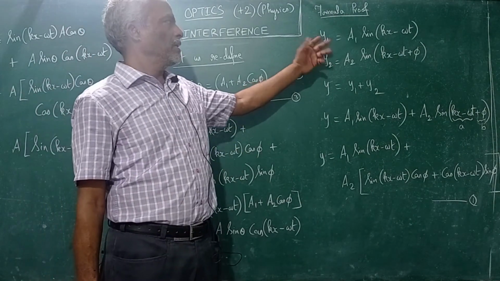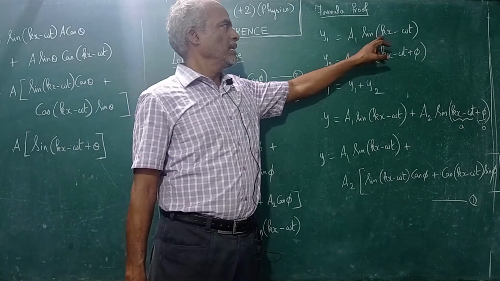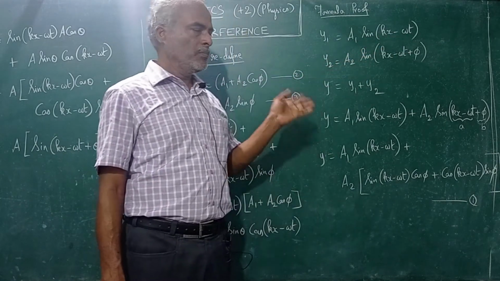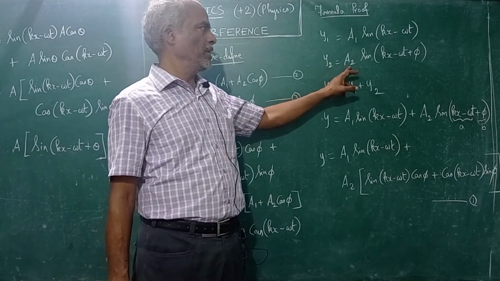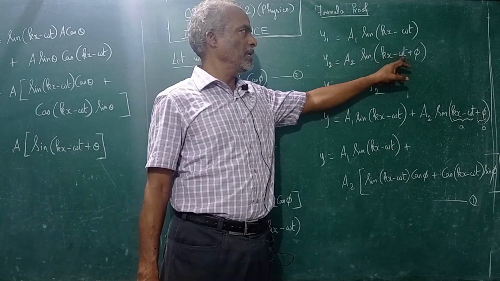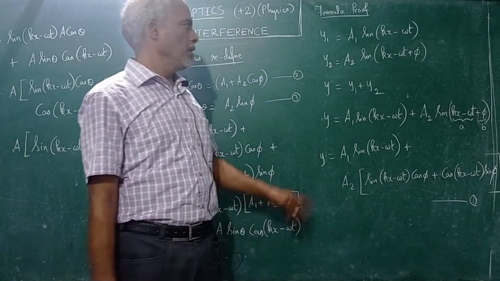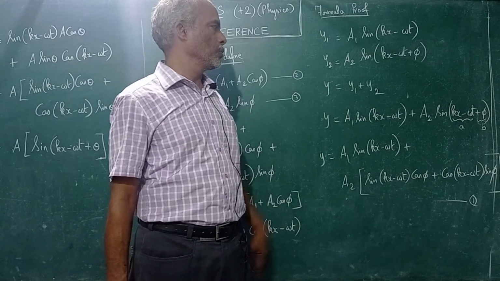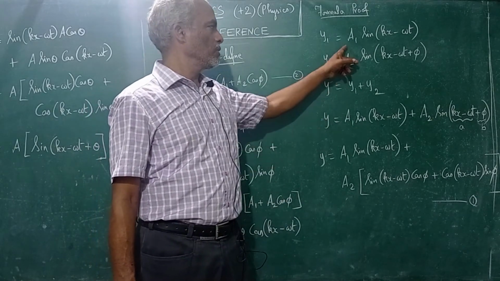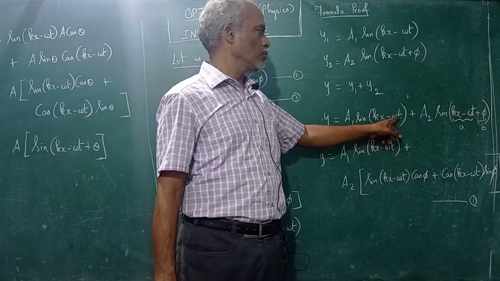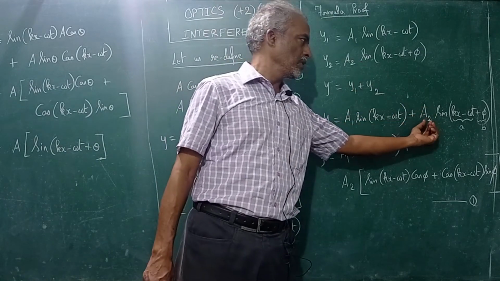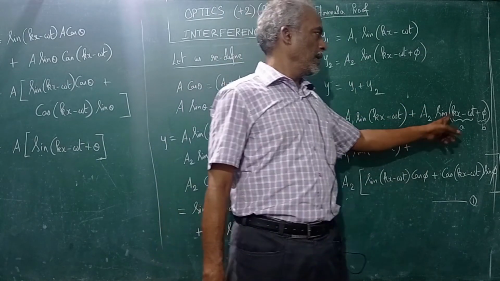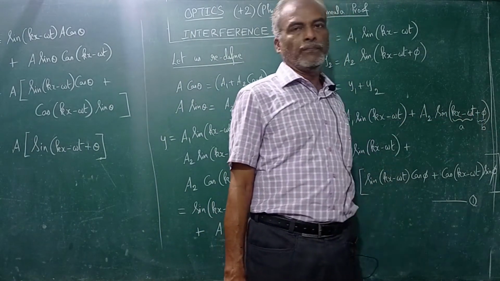Okay. So let y1 is equal to a1 sin(kx minus omega t). Another wave, y2 is equal to a2 sin(kx minus omega t plus phi). Okay. Now y is equal to y1 plus y2. That is y1 is this, a1 sin(kx minus omega t), plus y2 is this term, a2 sin(kx minus omega t plus phi).